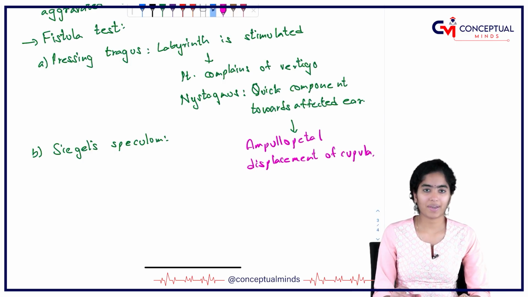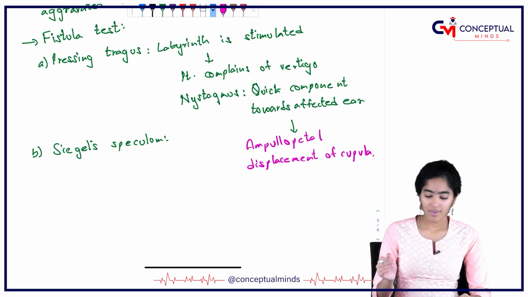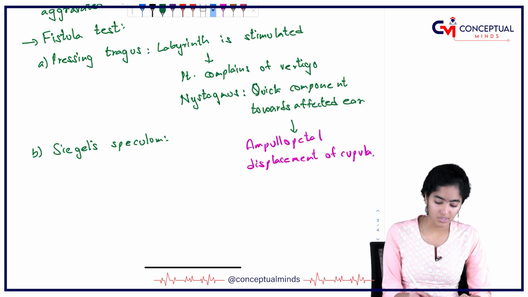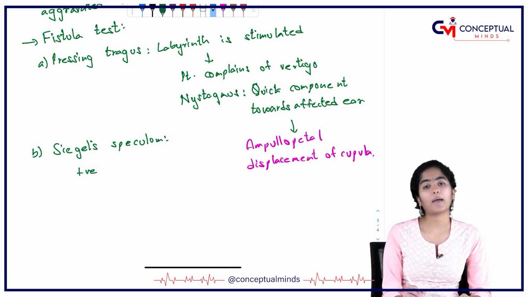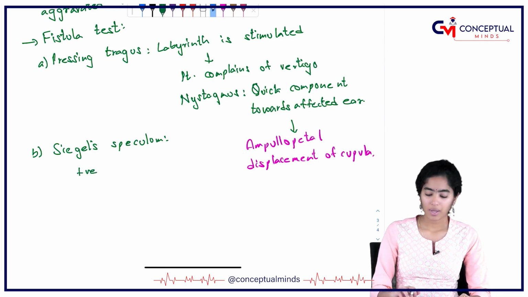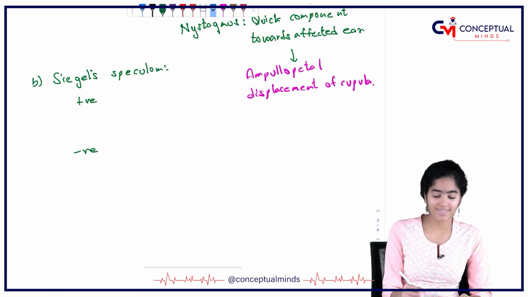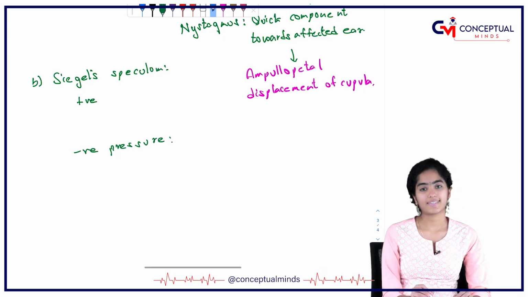Now, Siegel's speculum can be used for two purposes, to increase the pressure and to decrease the pressure. When positive pressure is applied, the same thing happens as in pressing of the tragus. But when negative pressure is created in the external auditory canal, let us see what happens.